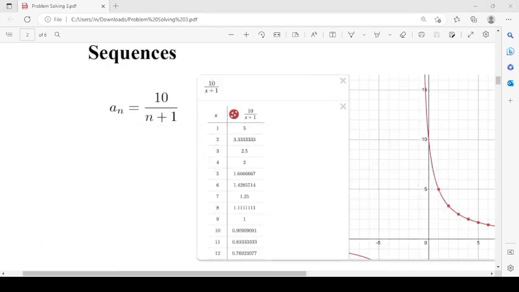Alright, number one. The question is a_n = 10 over n plus 1.